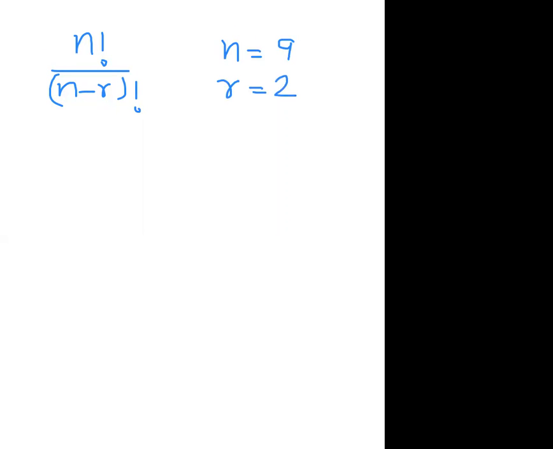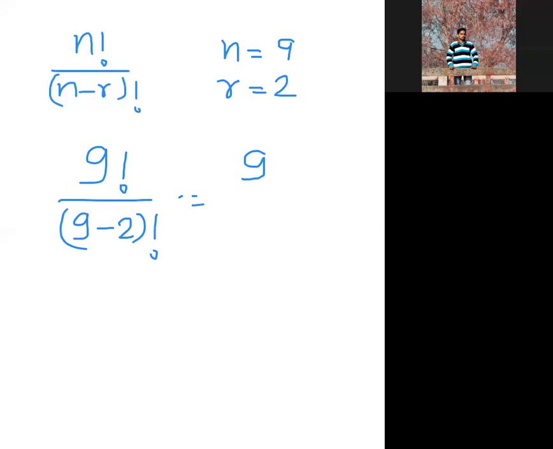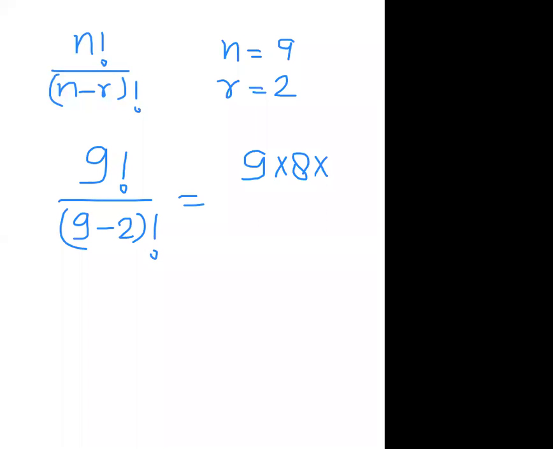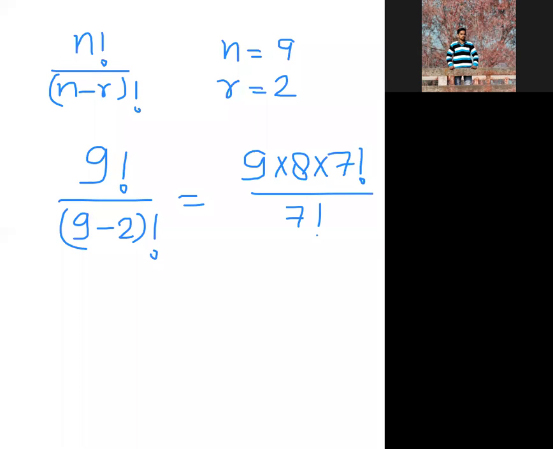So I could write 9 factorial upon 9 minus 2 factorial. 9 factorial can be written as 9 into 8 into 7 factorial, upon 9 minus 2, which is 7 factorial. The 7 factorials cancel.